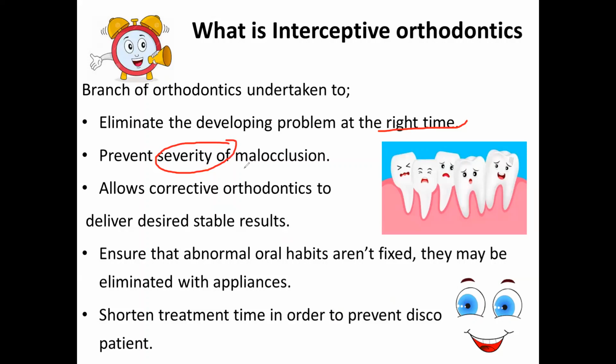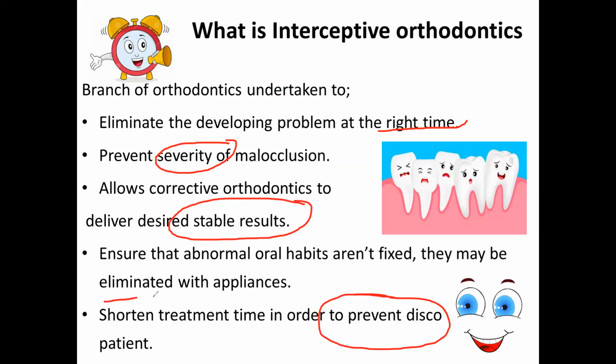Once the severity of malocclusion is reduced, in the end we will have more stable, desired results, and due to early interruption of the malocclusion, the patient will have less discomfort with the orthodontic treatment, as well as a shorter treatment time.